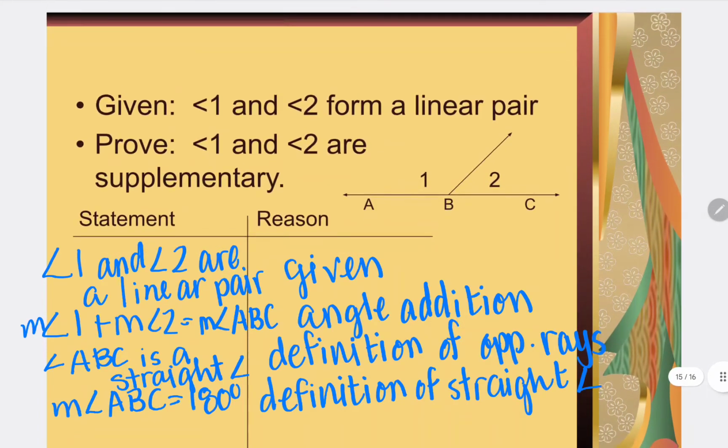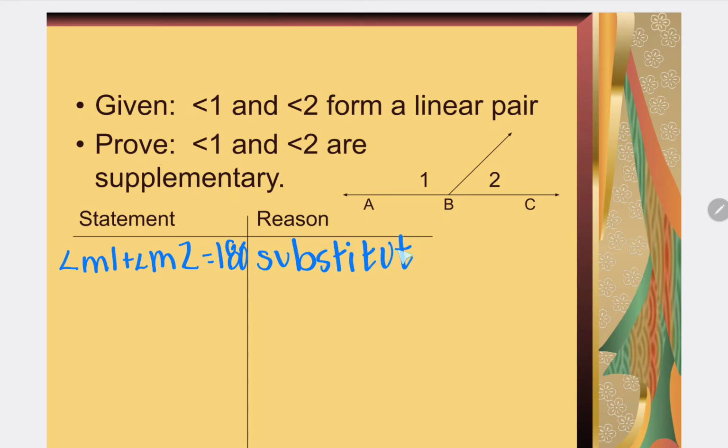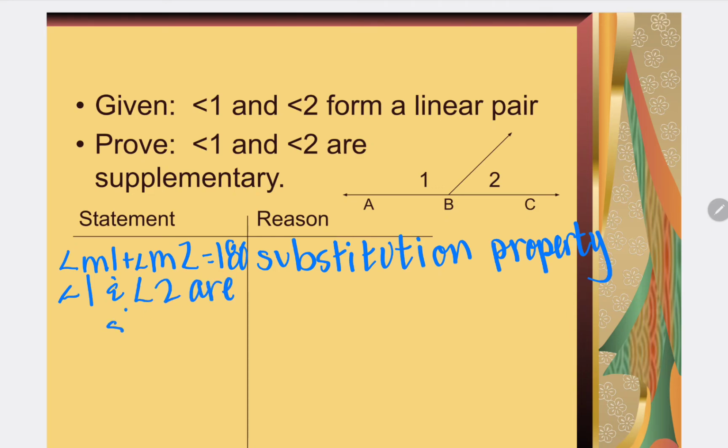Therefore, the measure, and I just ran out of room there. So the measure of angle 1 plus the measure of angle 2 is also 180 degrees, and that's the substitution property. And therefore, angle 1 and angle 2 are supplementary.